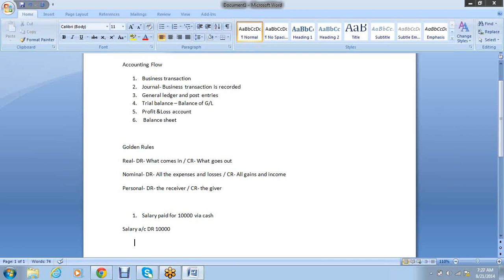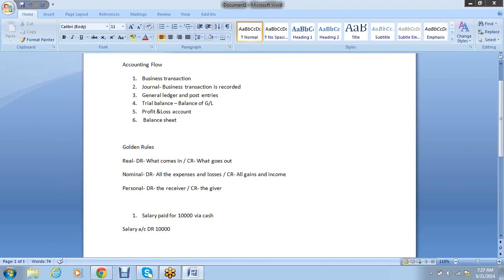And always remember, in one entry there should be an equal amount of debit and credit. You cannot have two debits only. You cannot have two credits, or one debit and a credit with a different amount. That is incorrect. There will be one debit and one credit, or multiple debits and multiple credits, but the total amount should be the same.